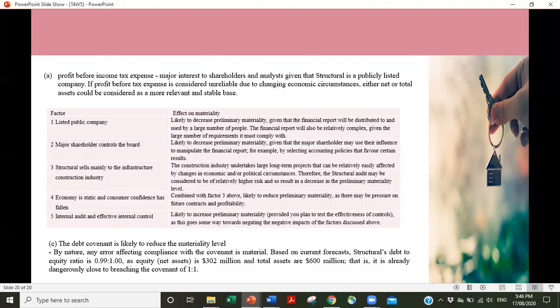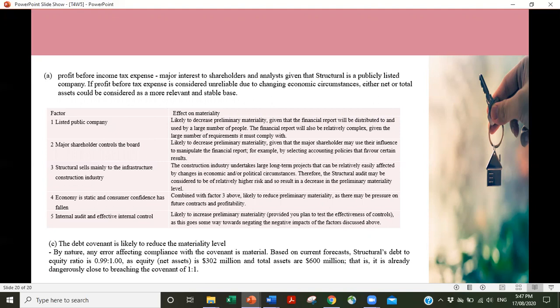You're told that it is a publicly listed company, and therefore, if the information, such as the profit before tax, is unreliable, then there's a number of things that actually could be incorrect. So if it's a large publicly listed company, the general effect is that it would likely decrease the preliminary materiality.